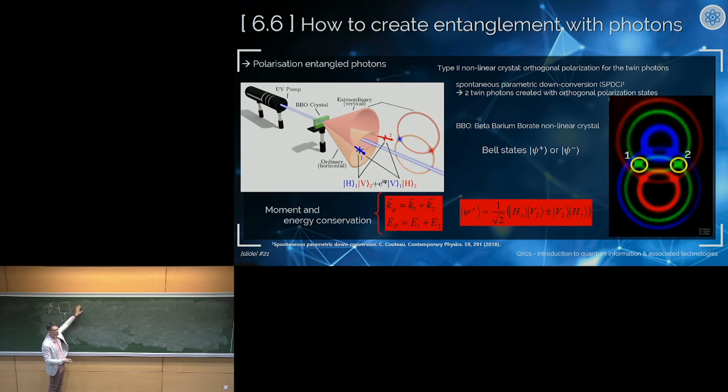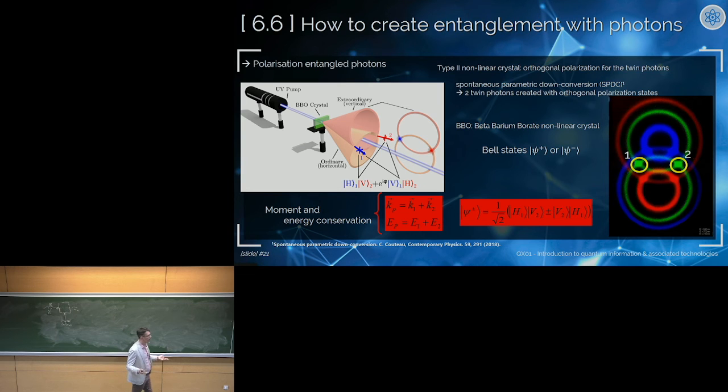Spontaneous because it's just given by nature. We don't do anything particular. We just hope. Parametric because you've got 1 and 2, so you've got 3 entities. We will see what they are. And down conversion because now you go from 2 omega to omega. So you down convert light from high energy to low energy this time.